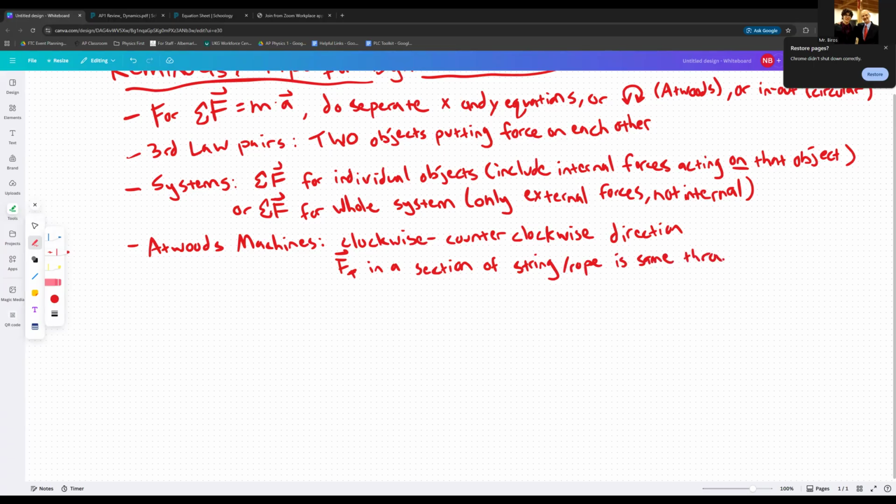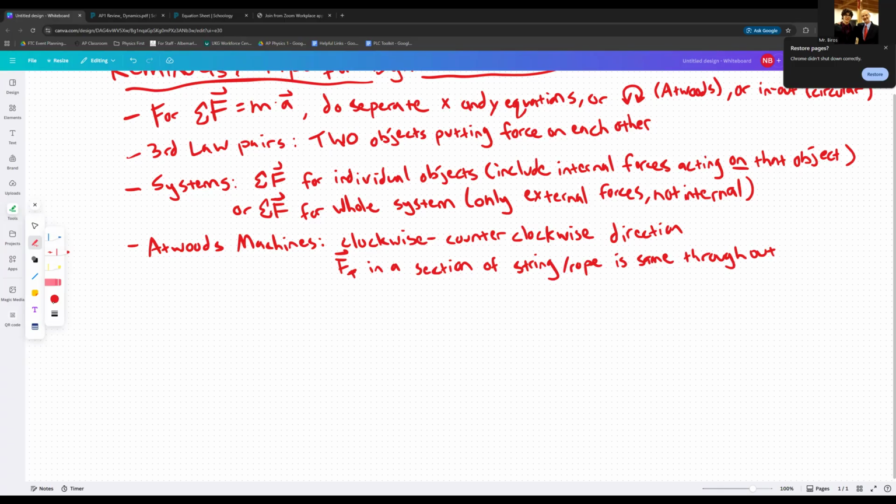That tension pulls on both ends, right? So the tension on one end of the string pulls to the left on one block, and over on the other end, that same tension pulls to the right on the other block. But the amount of tension is the same throughout.